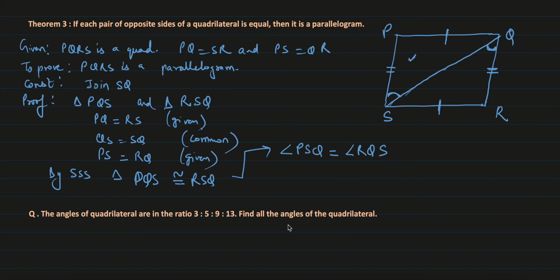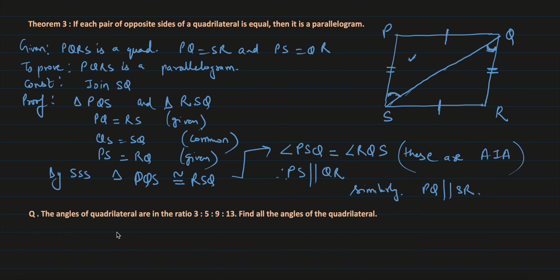I can say that these two are equal. Also, what are these angles? These are alternate interior angles, AIA. If these are alternate interior angles, I can say that PS is parallel to QR. Similarly, I'll say that PQ is parallel to SR.